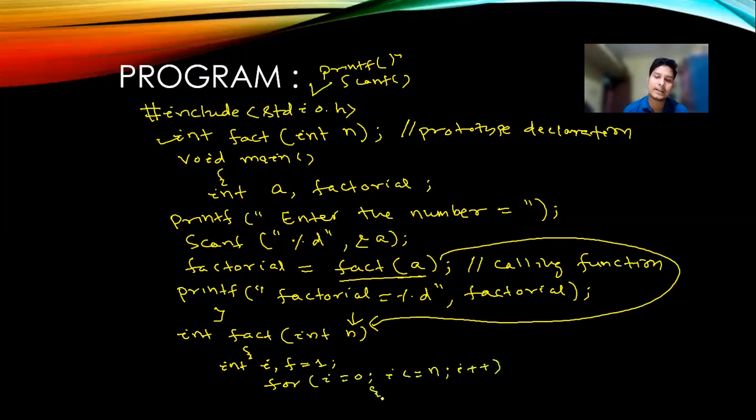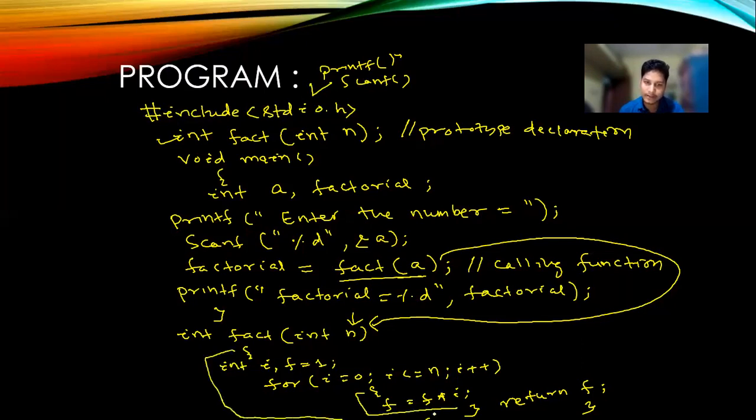Now opening curly bracket start, f is equal to f asterisk i semicolon, for loop close. Then after the for loop return f semicolon, then function close.